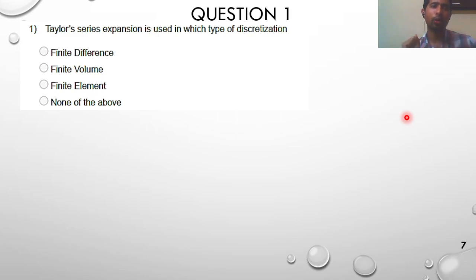They are asking in which type of discretization the Taylor series expansion is used. I have answered this already while discussing.